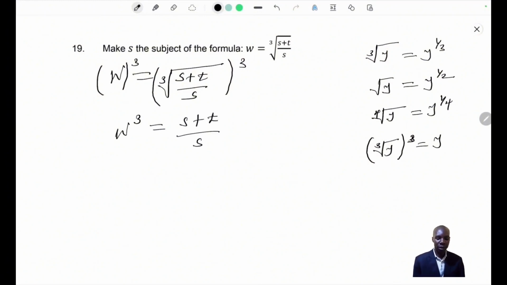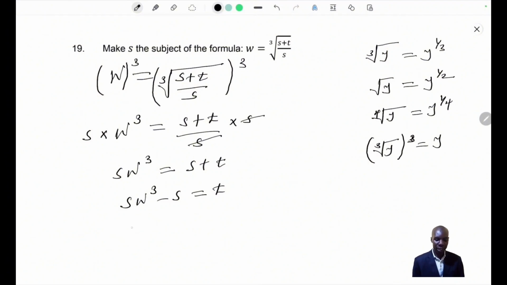Then cross multiply both sides by the denominator. So you'll have SW cubed equals S plus T. Collect the like terms. SW cubed minus S equals T. We have the common factor S in bracket W cubed minus 1 equals T.